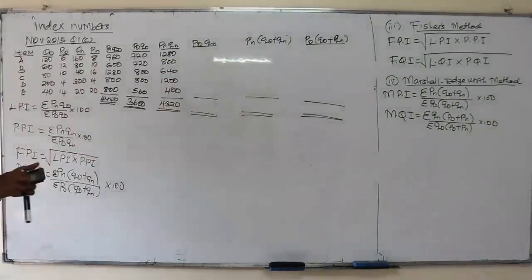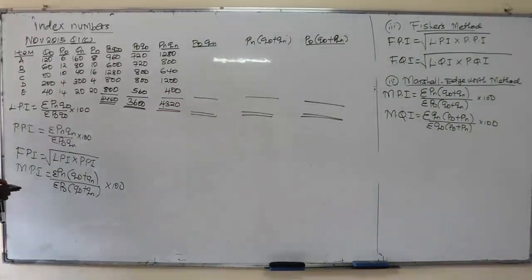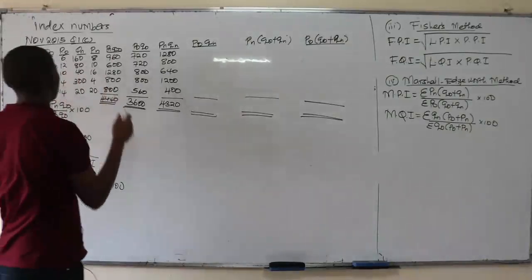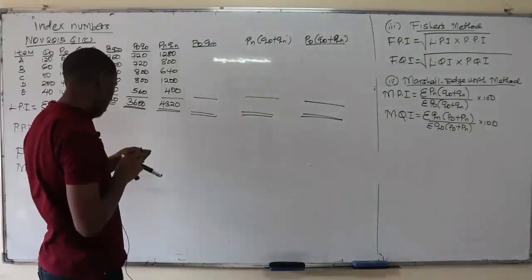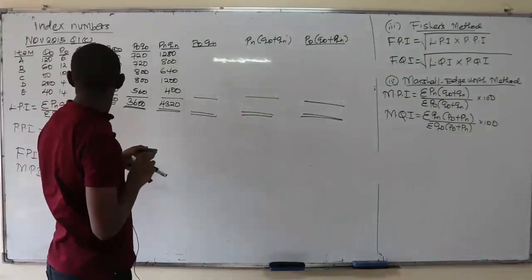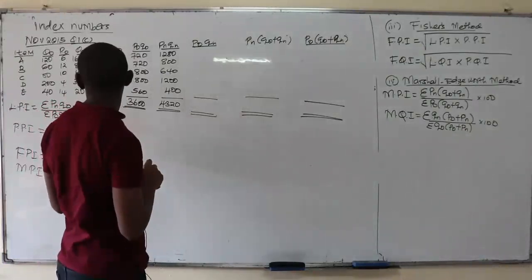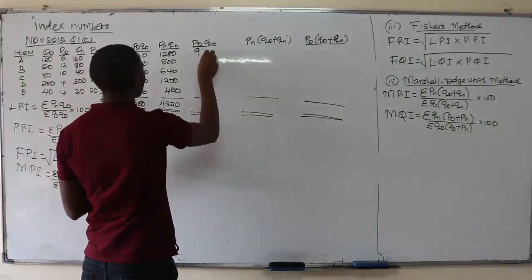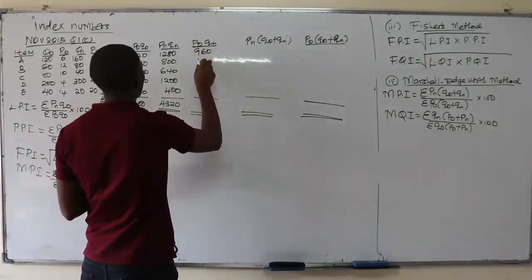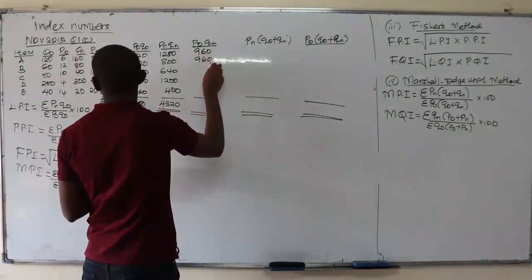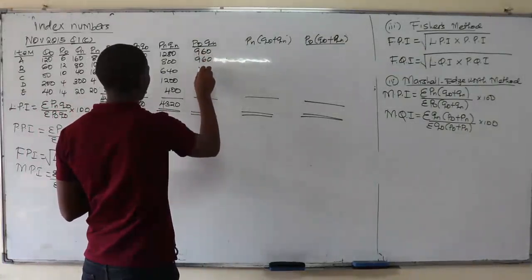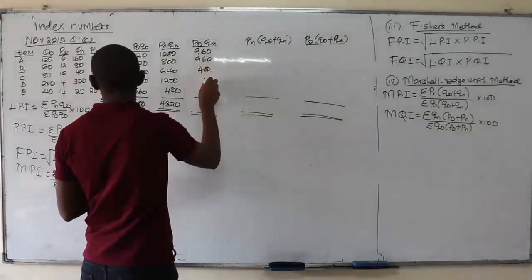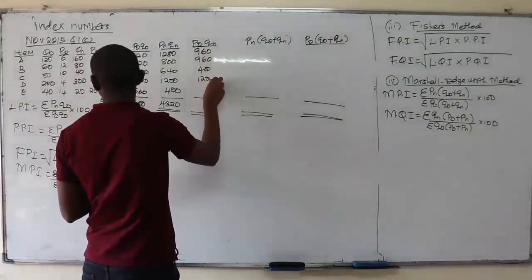Now we also have P0Qn. P0 is 6, so it is easy. 160 multiplied by 6 is 960. This is also 960. This is 400. That is 1200.